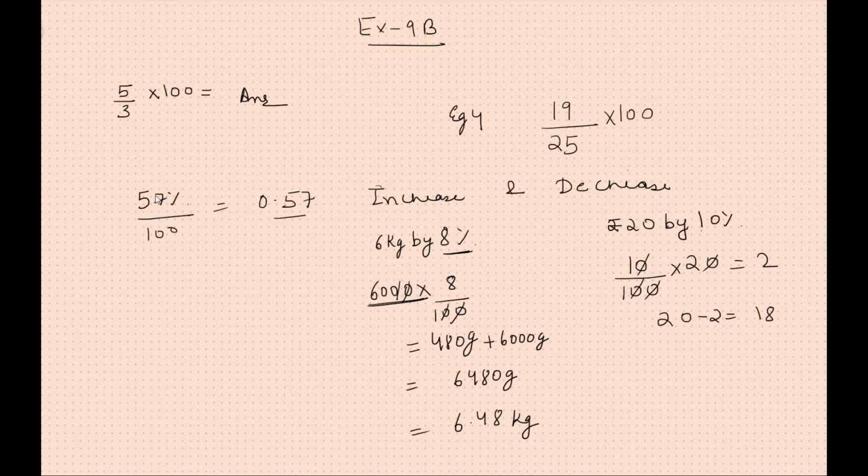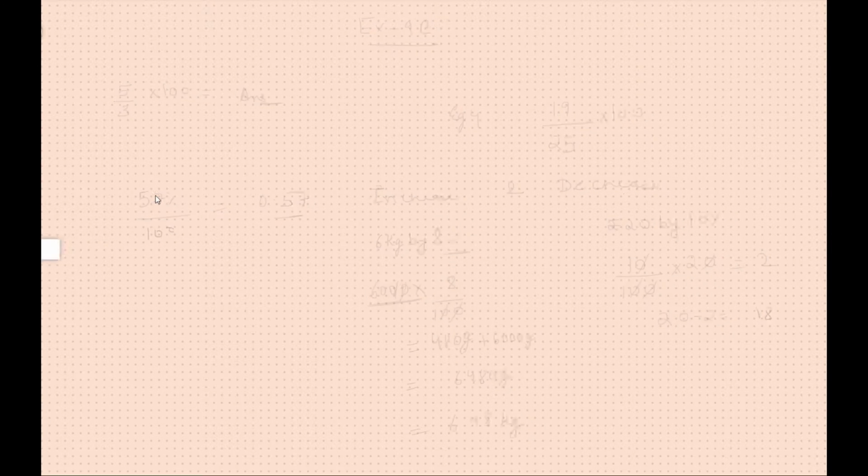Now today we will be doing exercise 9b, and I will try my best so that you can understand this exercise. Okay children, so question number 1 that you have here is: a school library has 600 books, out of which 540 books are fiction.